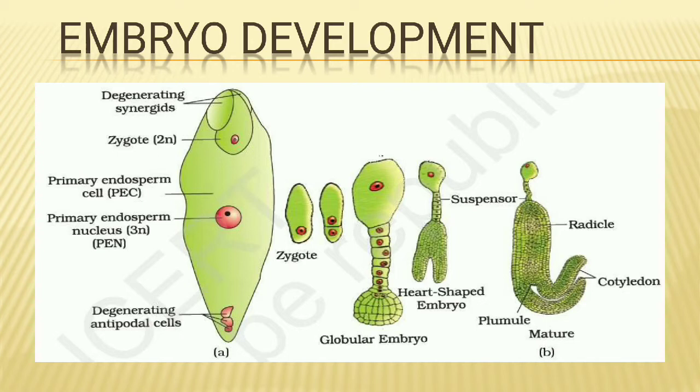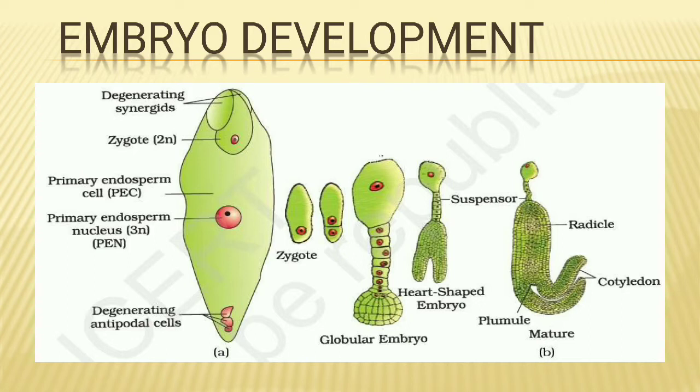In dicot plants, these are the different stages of embryo development. First, there is a single zygote. Next, this zygote divides into two cells.